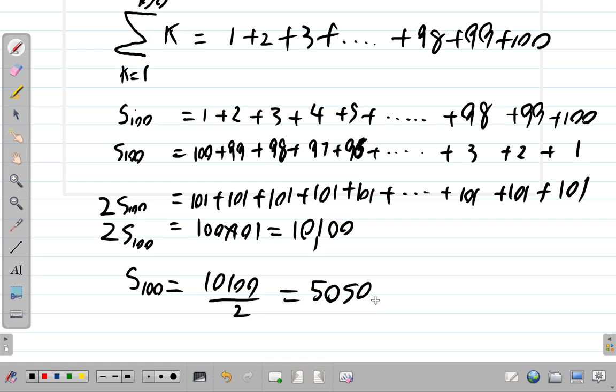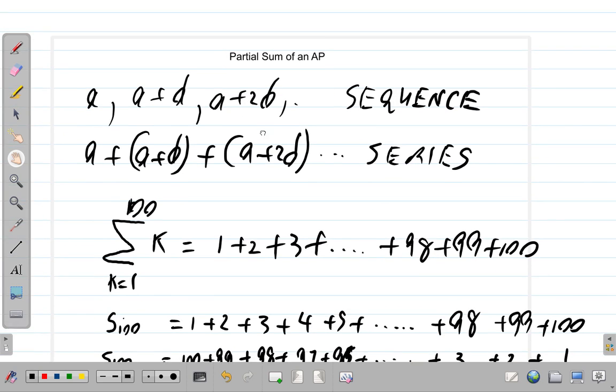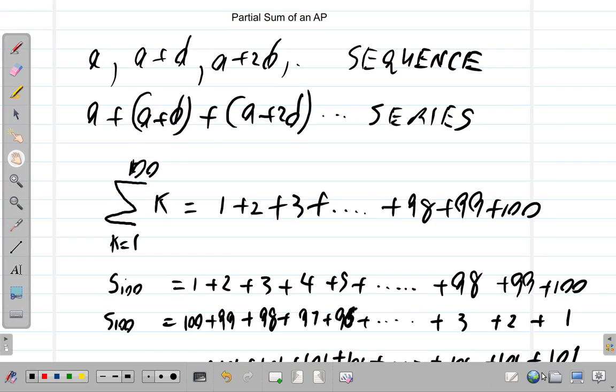Now, let us look at the more general case and see how you could possibly deal with that. Let me fix up these things that I have here a bit.